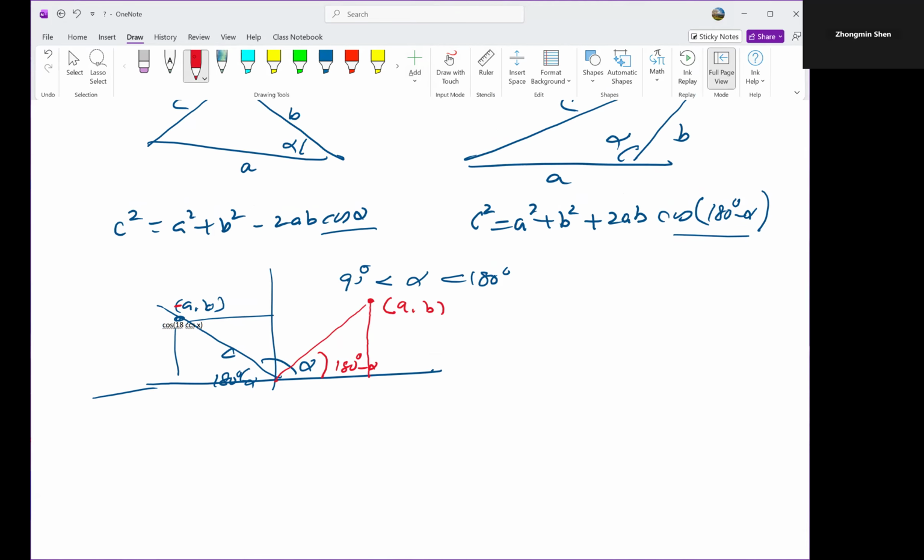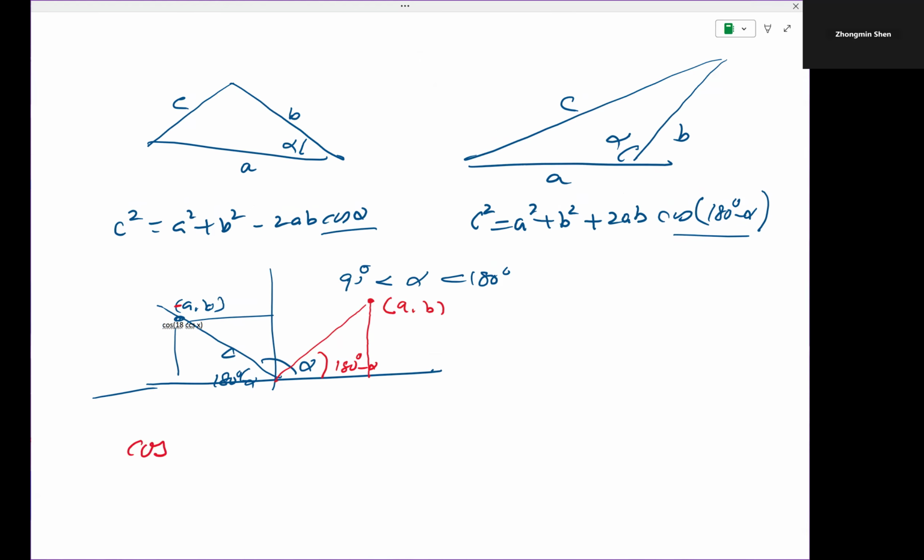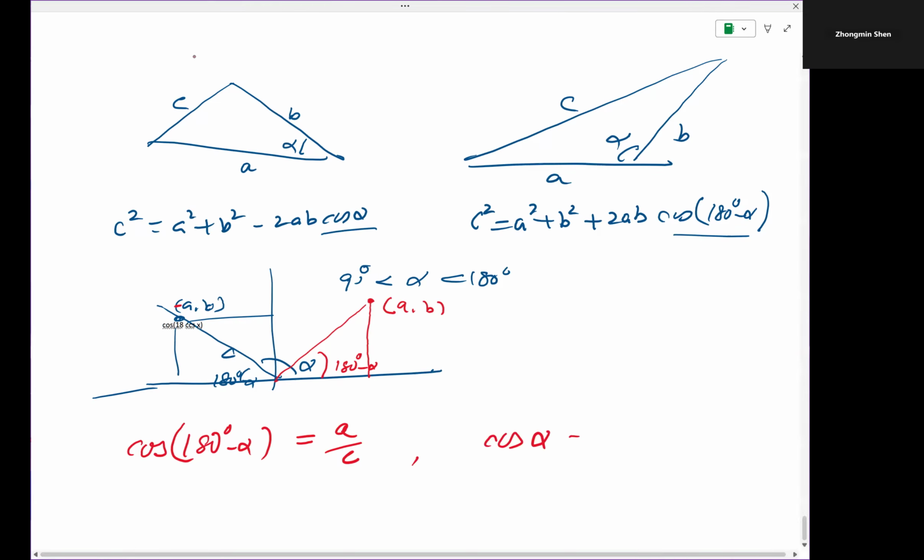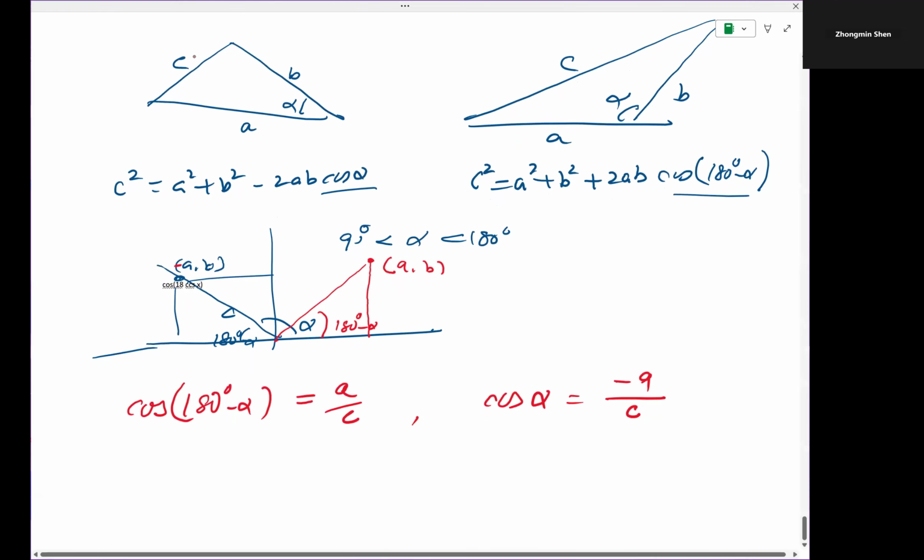So in this picture, cosine (180 degrees minus alpha) is going to be A over C. And cosine alpha is going to be negative A over C. So that's a relationship.